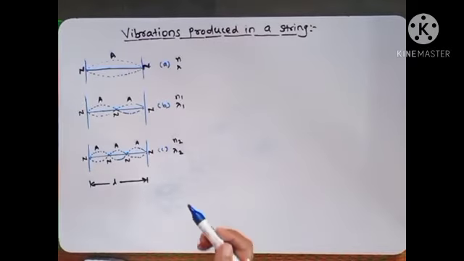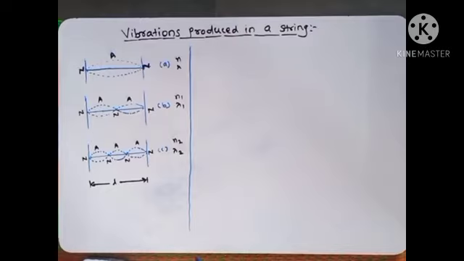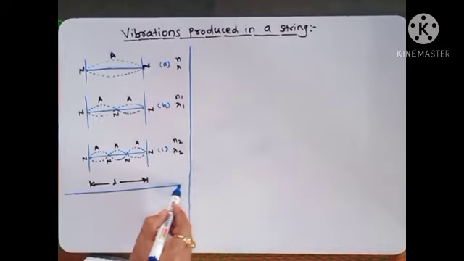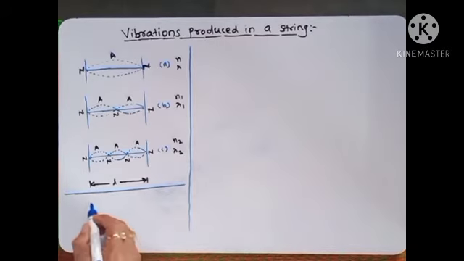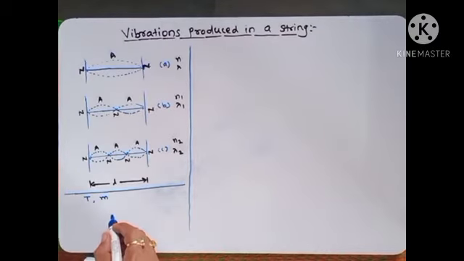Now in all these figures, suppose T is the tension in the string and M is the mass per unit length. Suppose V is the velocity and lambda is the wavelength.